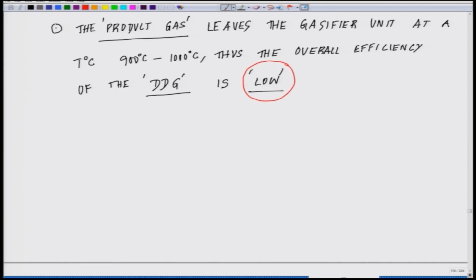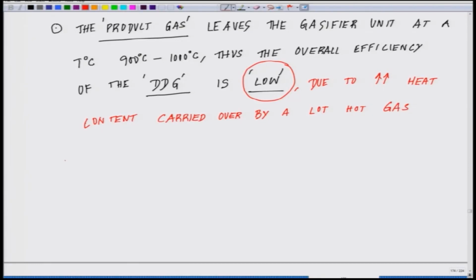The downdrift has a lower efficiency due to high heat content carried over by a lot of hot gas. So, keep this aspect in mind.